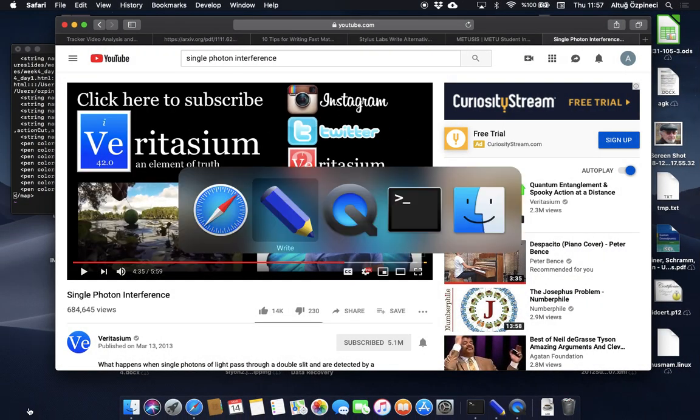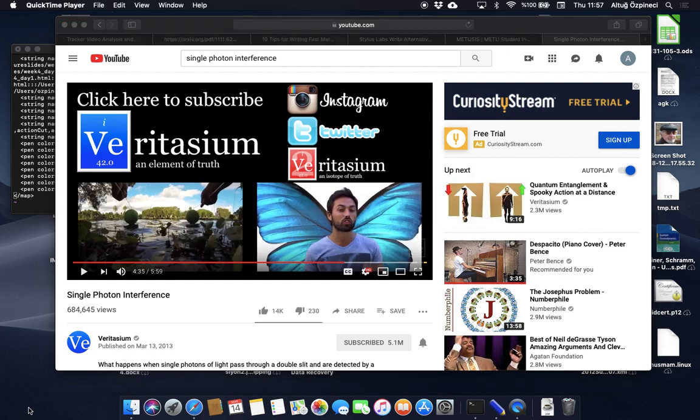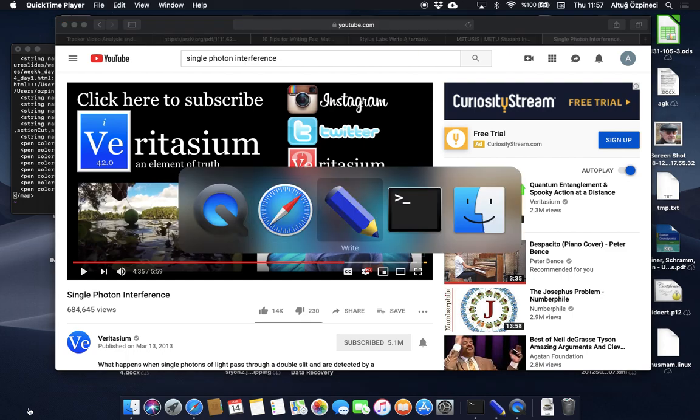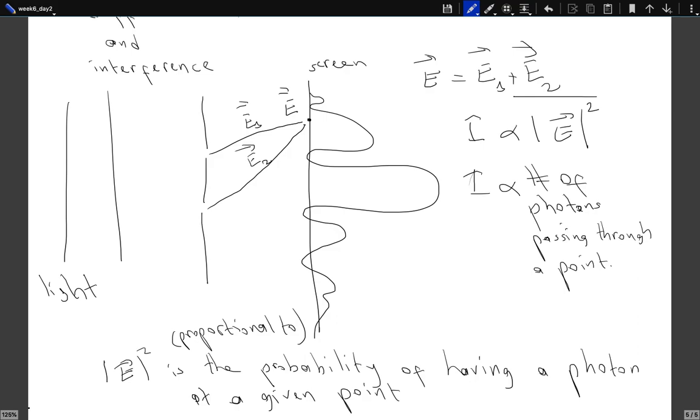Okay, so even if you send the photons one by one, they do interfere. And okay, as he also stated, one thing you have to get used to is avoid asking questions like, does it behave like a particle or does it behave like a wave? When do we know how it behaves?